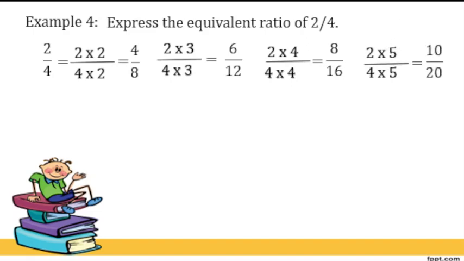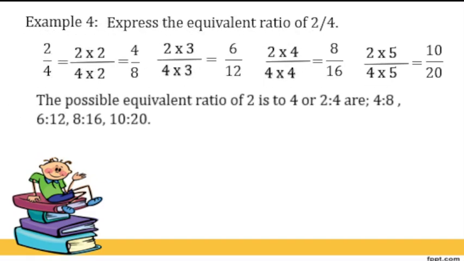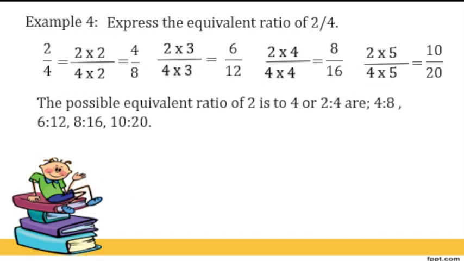If you multiply 20 by 2, that is 40, and 4 by 10, that is 40. Again, they are equal. Therefore, the possible equivalent ratios of 2:4 are 4:8, 6:12, 8:16, 10:20, and so on and so forth.